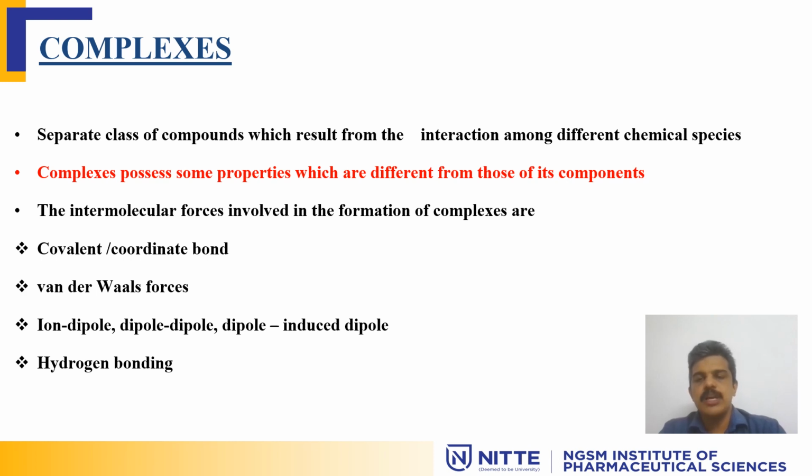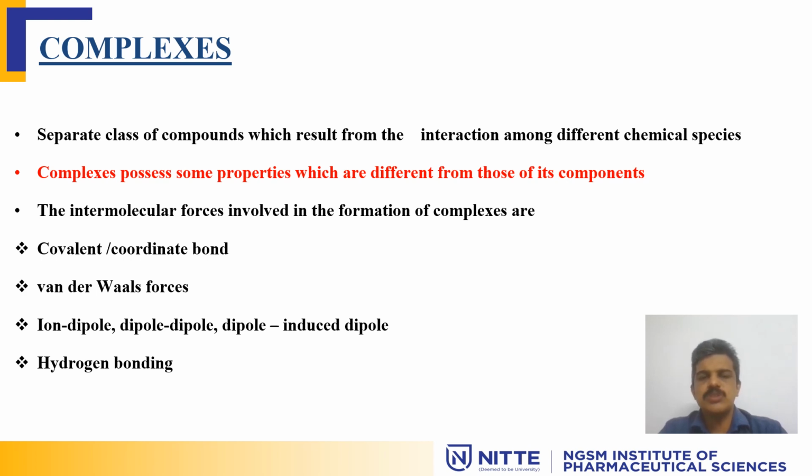Say for example, A stands for the drug and B stands for the complexing agent. A and B react together to form complex C. They react together to form a new chemical entity that we call C, or a complex, and the property of C will vary from both A and B.